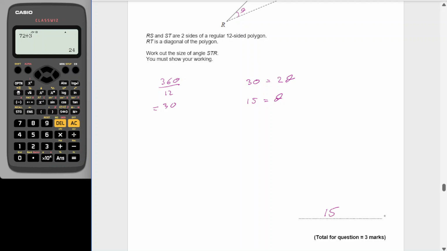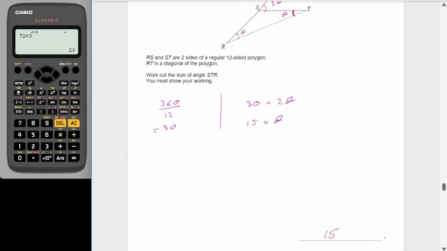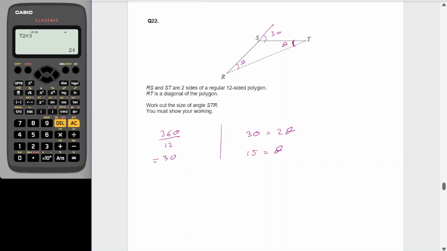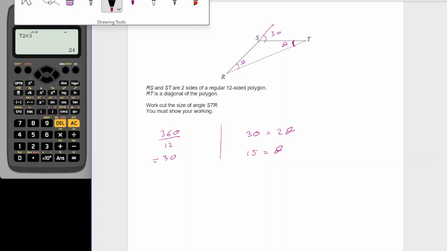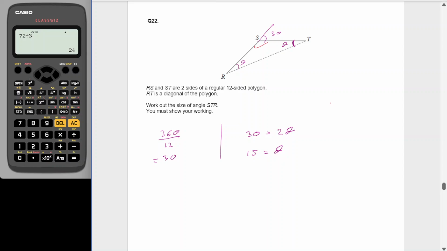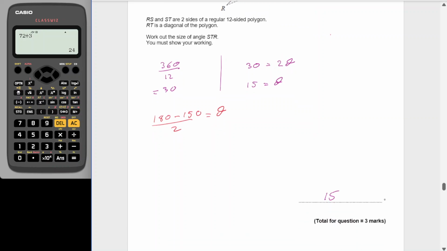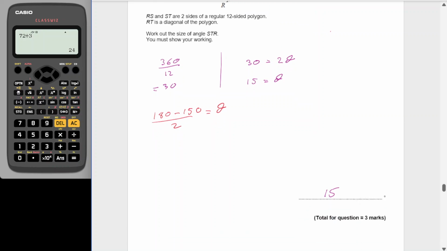I feel like I've not done enough steps there, but that's definitely right. If we really wanted to show it, we could say that that angle there would be equal to 180 minus 30, so that would be 150, and then 180 minus 150 divided by 2 is equal to theta. We still get 15. I don't think there's really any need for that step though.